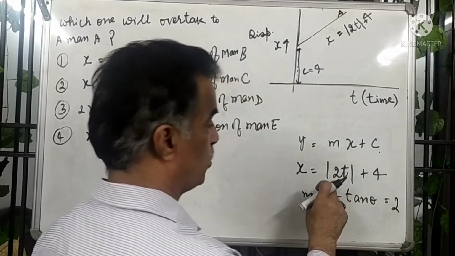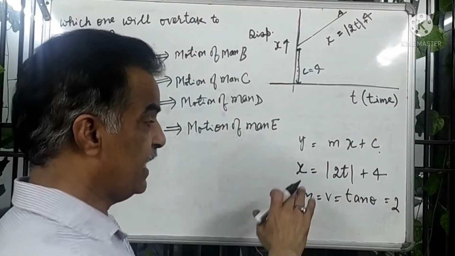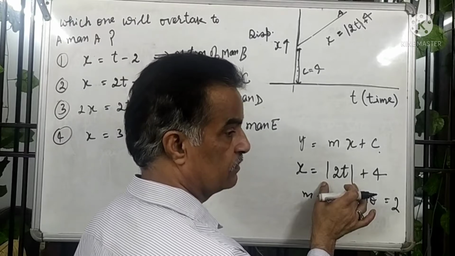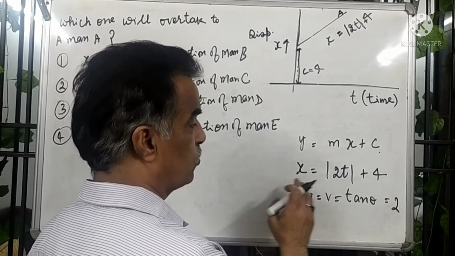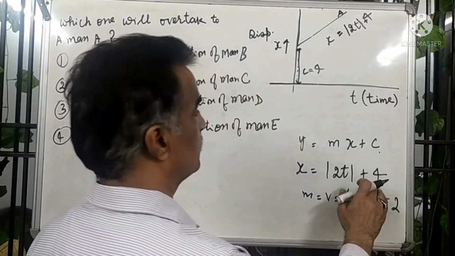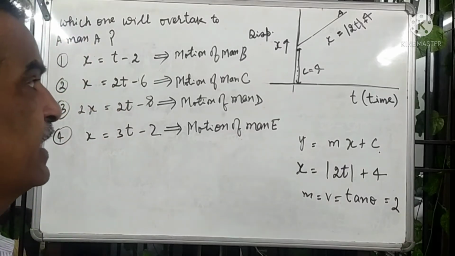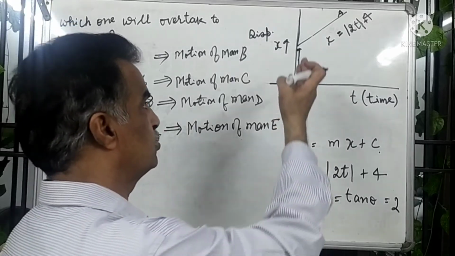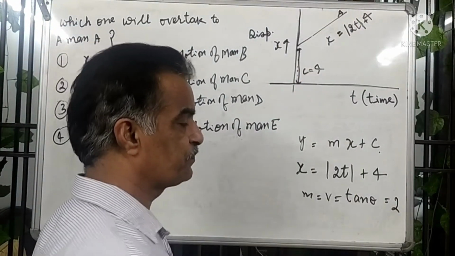The mod value represents that x cannot be negative. Total x will be positive only. That's why the graph starts from this point.